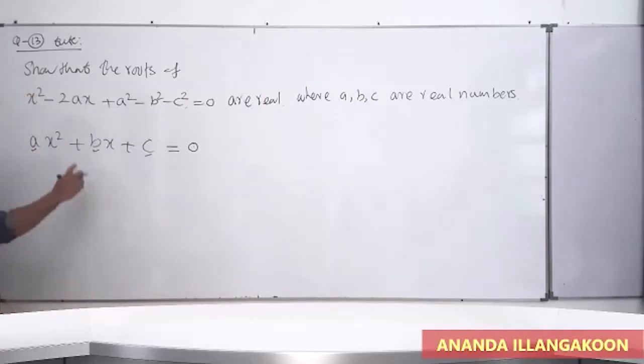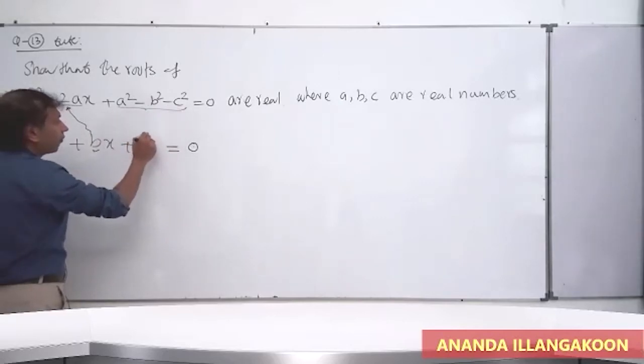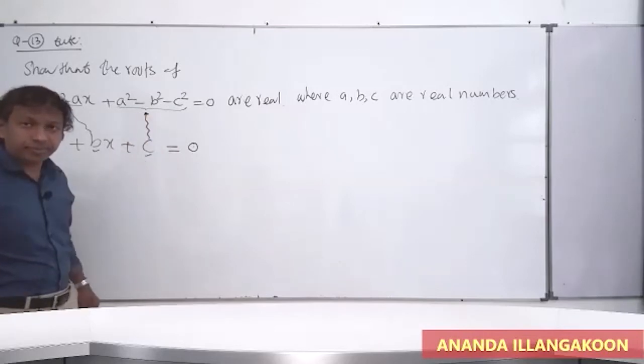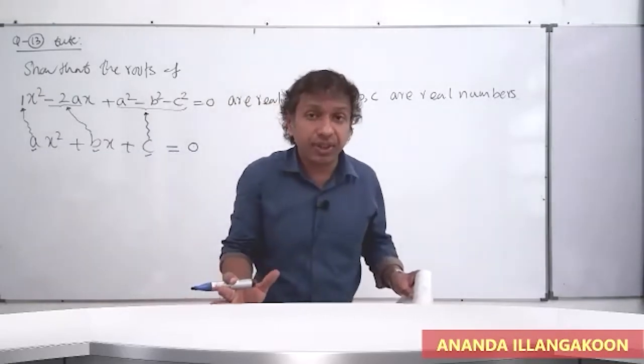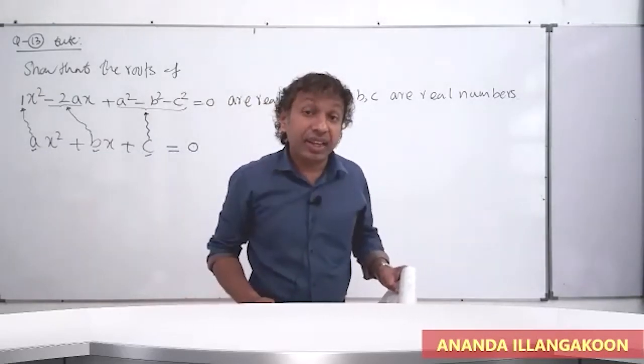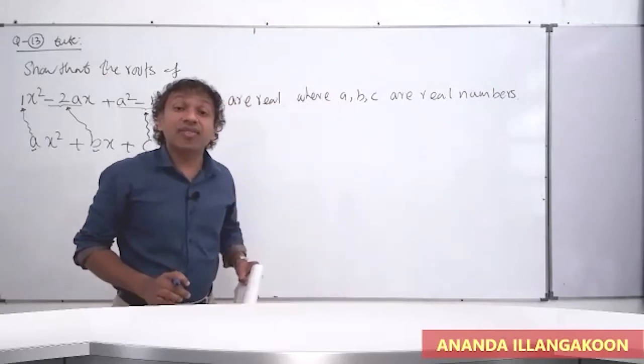The x squared coefficient here is 1, so in the place of a we have 1. The x coefficient is b, so here the minus 2a is the b. This whole thing is c. First, by comparing with the standard quadratic equation, you have to determine the a, b, c values. Why? We need to find the delta, the discriminant.